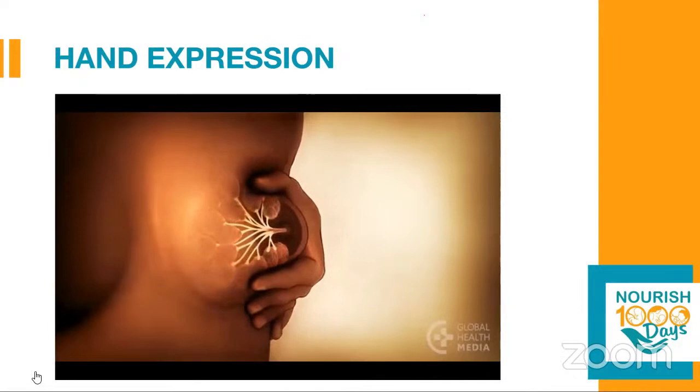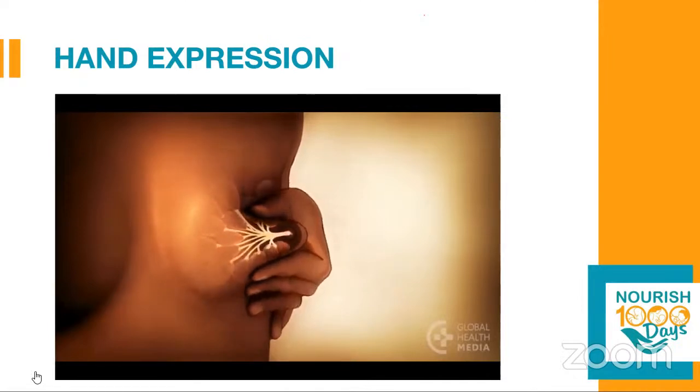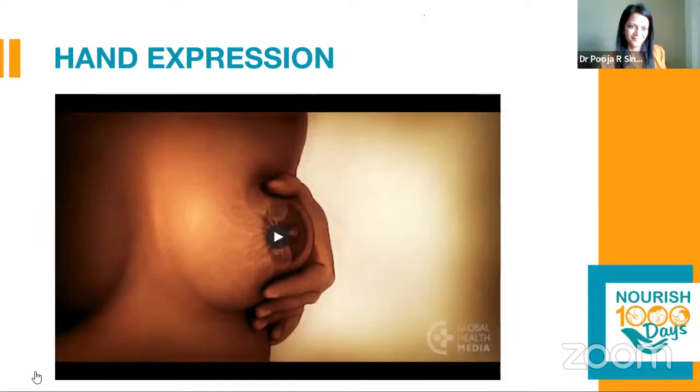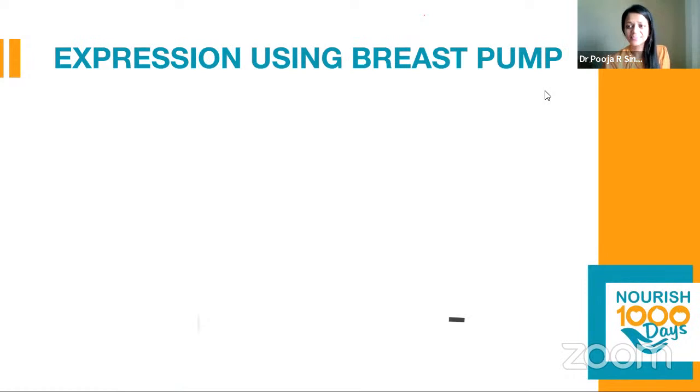Press back, and with a little tighter compression, the first few drops begin to come. As you can see here, the right expression technique is very important to be able to collect enough milk.